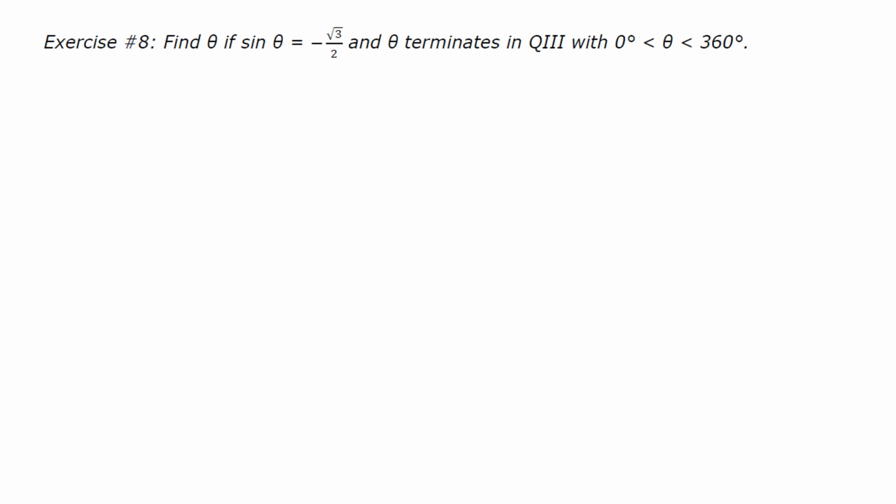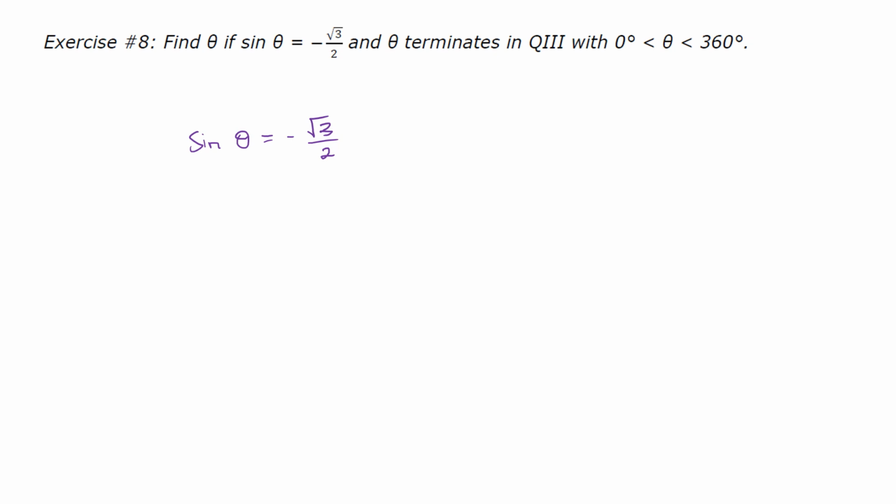Next, we're asked to find theta if the sine of theta equals negative square root 3 over 2 and theta terminates in quadrant 3, with theta being between 0 and 360 degrees. Okay. Well, the sine of theta equals negative square root 3 over 2 is one of the values from our table of exact values.